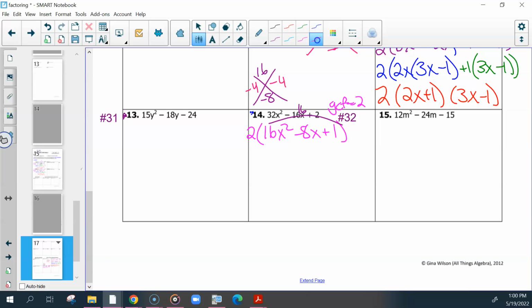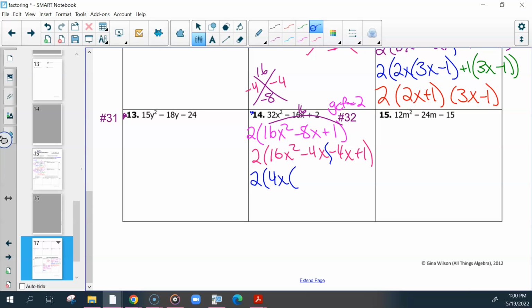So then I could rewrite this, bring down my 2, and I have 16x squared minus 4x minus 4x plus 1. And then we could split the middle and bring down my 2. What did these first 2 have in common? 4x.